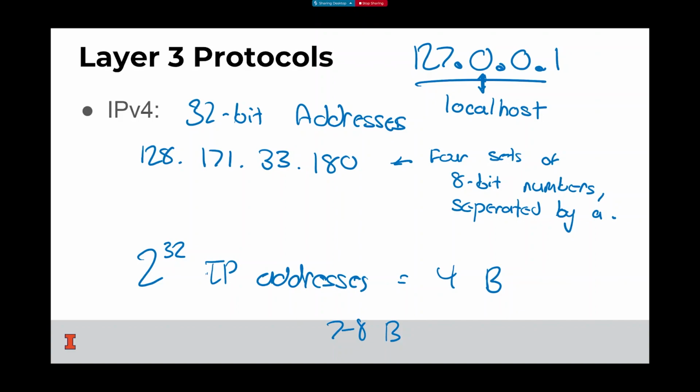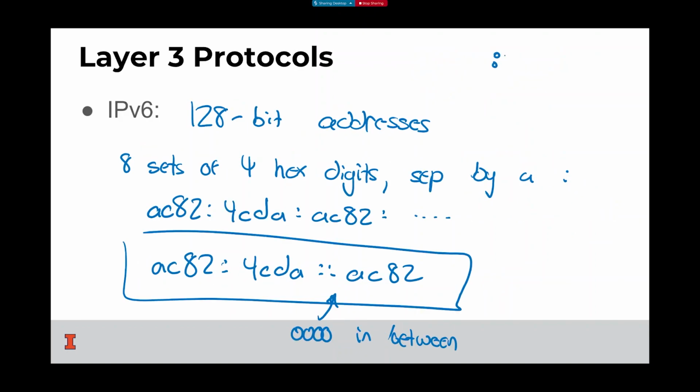In IPv6, it is ::1. That is all zeros except for a 1, and that is the localhost for IPv6. It's actually kind of a cleaner address.